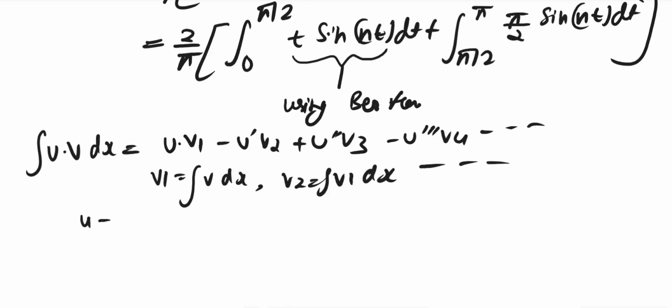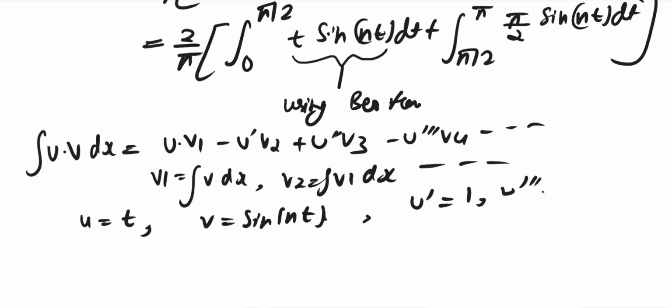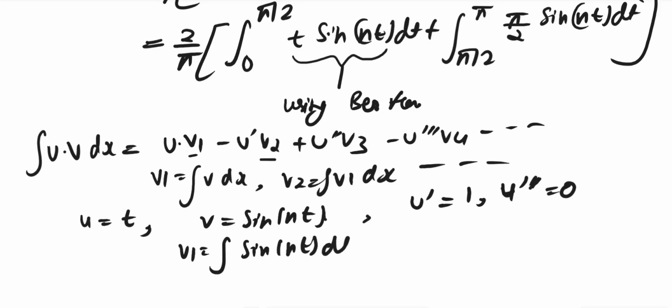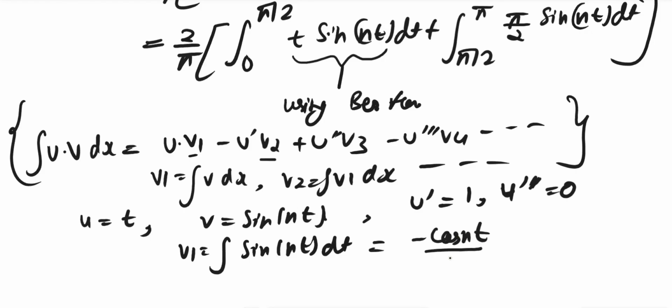So using this, we take u equal to t and v equal to sine nt, for which u dash is equal to 1 and u double dash is equal to 0. That is, we do not need to go beyond u double dash, so we only need v1 and v2. Now v1 is integration of v with respect to t. Since this is in terms of t and we wrote the formula in terms of x, it is integration of sine nt dt, and integration of sine is minus cos nt divided by n.